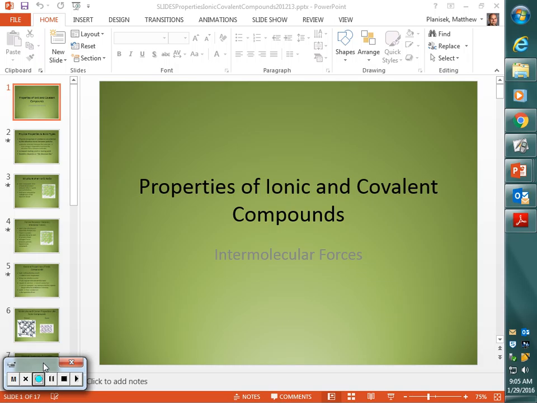How strongly do those particles that make up this substance hold on to each other? The stronger they hold on to each other, the harder it is to separate them, or the more energy we have to use to separate them. Good? So, Friday we talked about ionic solids.